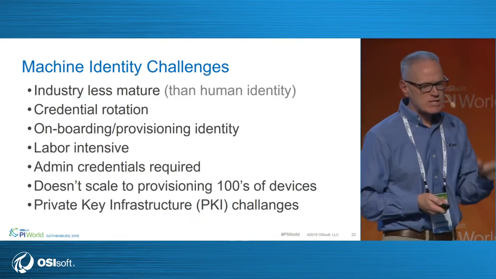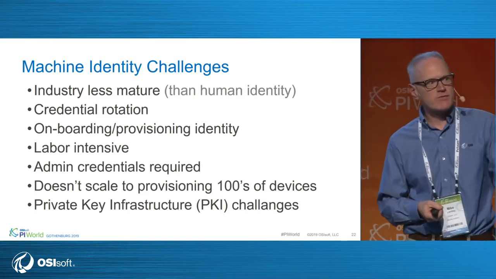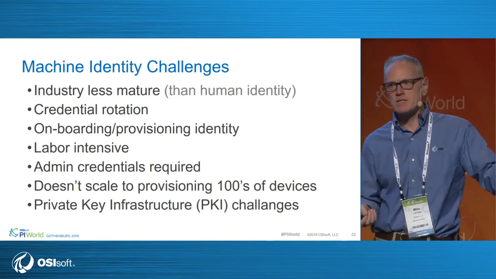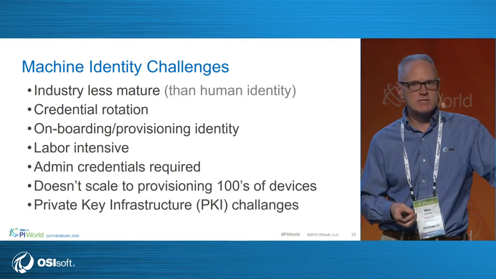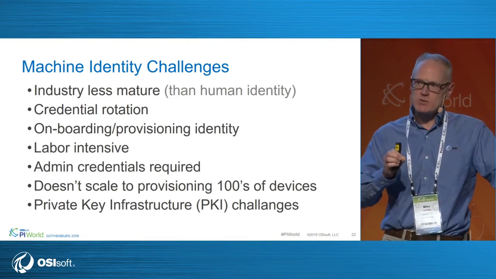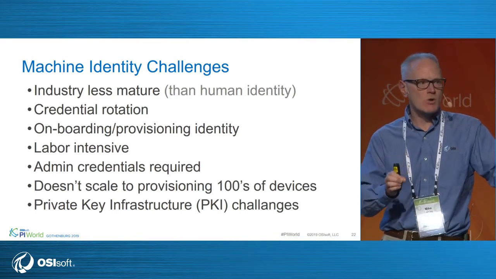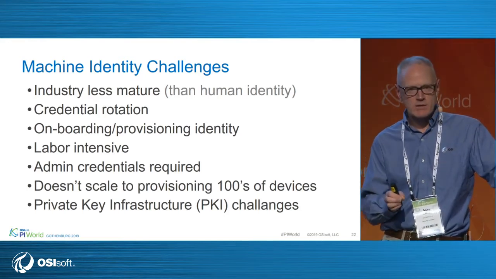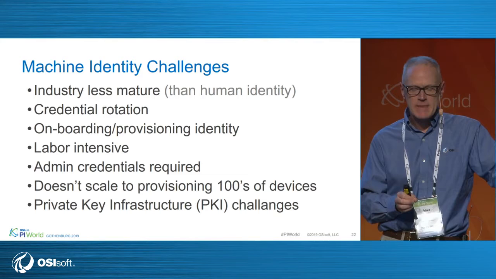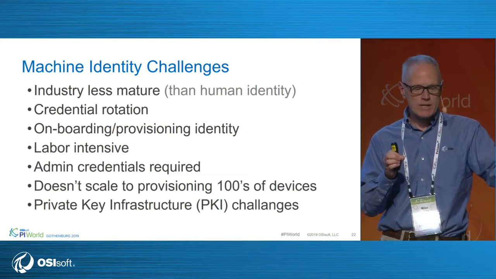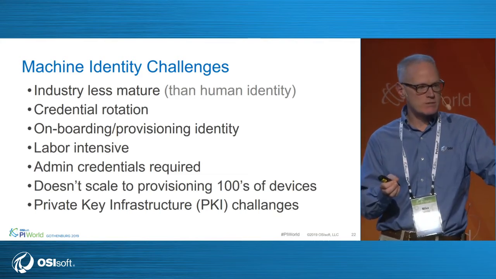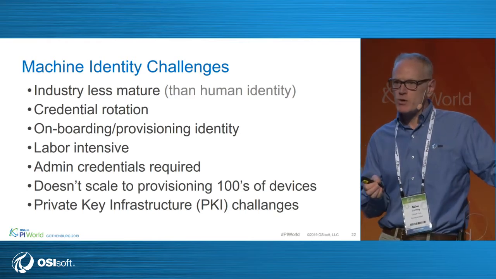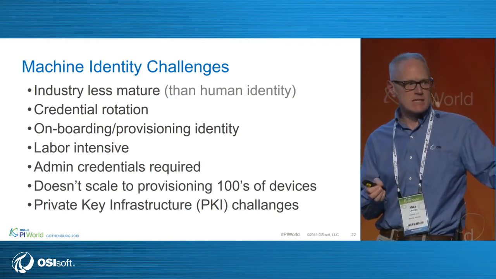Now, machine identity does have a few problems. One of the biggest problems that we are facing now is the simple fact that the identity industry is not as strong in machine identity as they are in human identity. I think a lot more focus has gone on there. We want to be able to come up with a way to deal with credential rotation for these machines. The onboarding and provisioning of machine identity is very challenging.